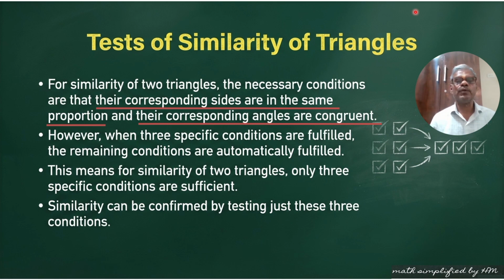Let us dive in. Today, we are going to explore how we prove that two triangles are mathematically similar. Normally, for two triangles to be similar, two major conditions must be met: their corresponding sides are in the same proportion and their corresponding angles are congruent.